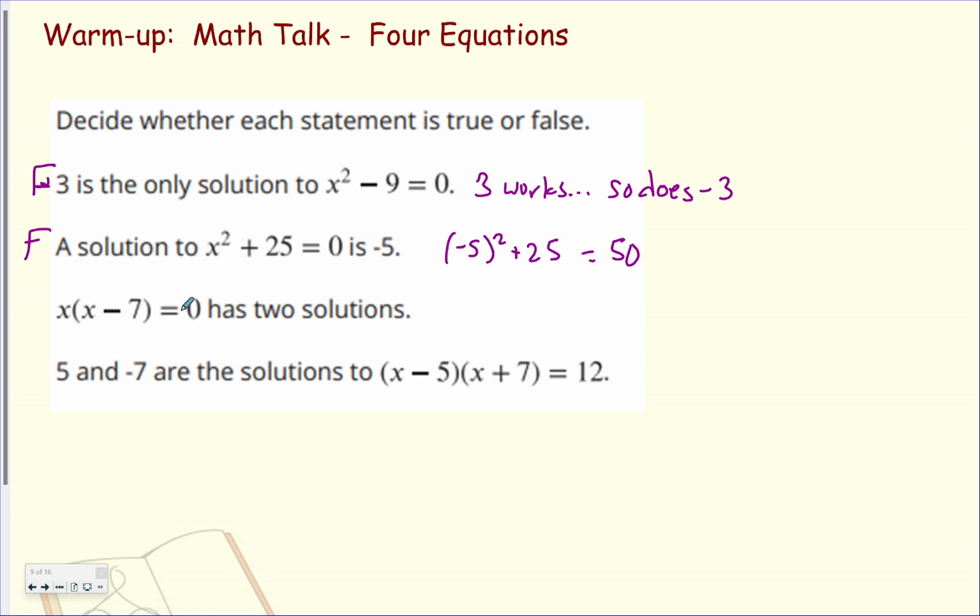Okay. x times x minus 7 equals 0 has two solutions, right? Remember that we get x equals 0 or x minus 7 equals 0, zero product property. And therefore we get x equals 7. This one is true.